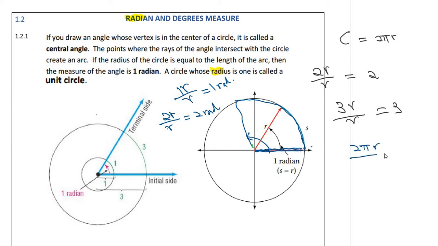So if I divide that by the radius, I get the radians, and that is 2 pi radians, just like we did the 3 there, the 2 there, the 1, etc. So here we have the relationship. We can see that 360 degrees that we were used to, right around the circle, is therefore the same as 2 pi radians.